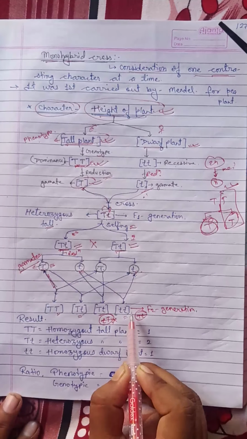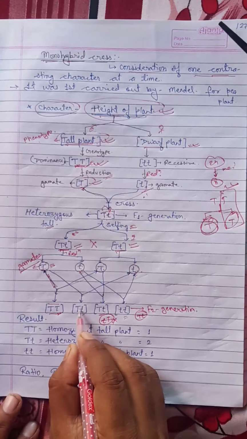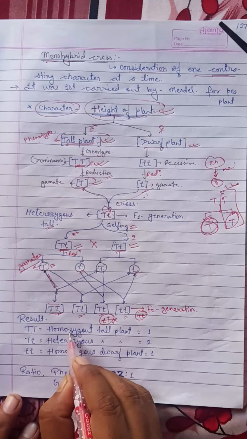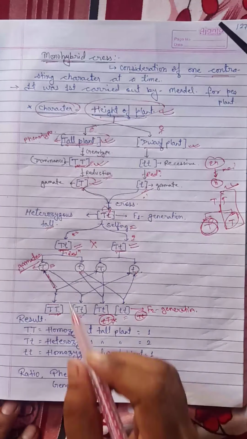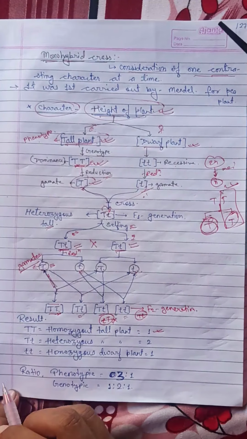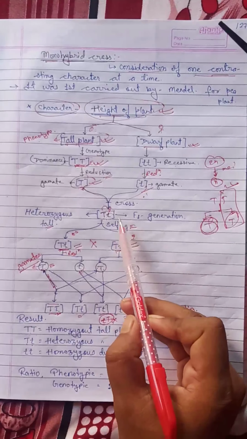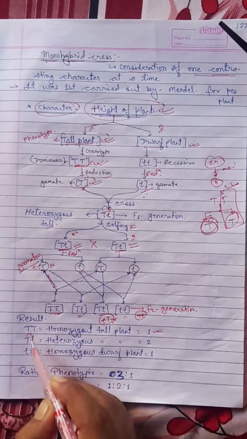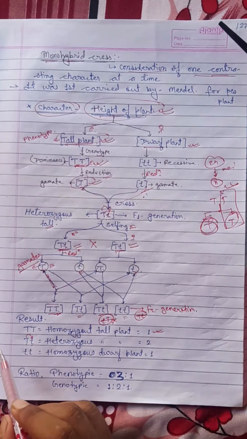In this F2 generation, can you see here, this capital T and capital T is called a homozygous tall plant, which we wrote in the parental generation before the F1 generation, and the number is 1. Is it okay? While capital T and small t, as I told you in the F1 generation, just because capital T is dominant over small t, shows the tallness character, not the dwarfness character.